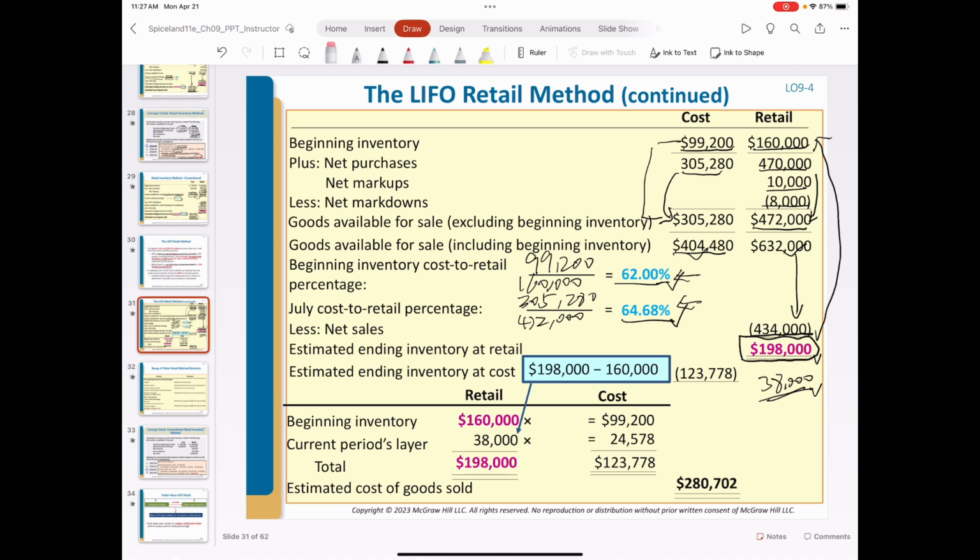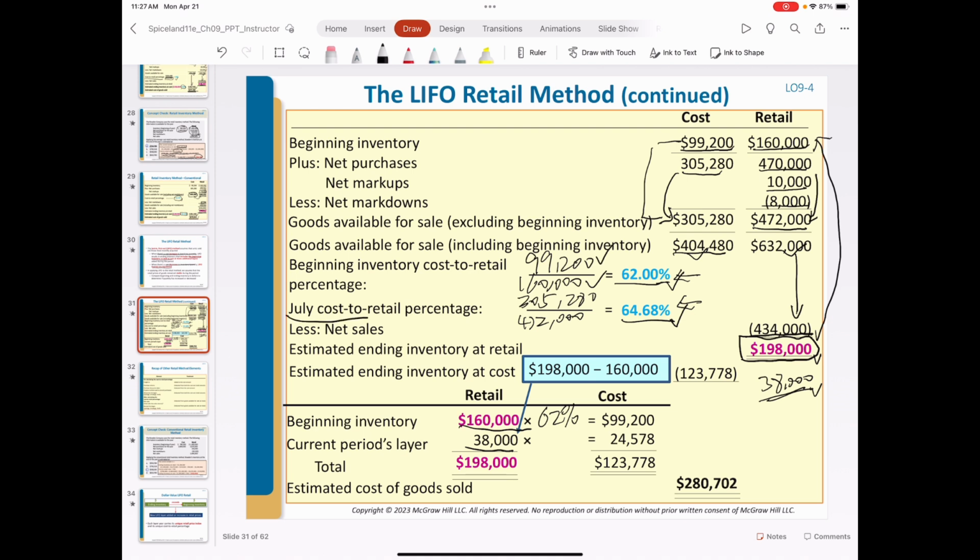First, 160 is the beginning balance of inventory, so we apply 62%. Because remember, this ratio is determined by the cost of beginning inventory and retail value of beginning inventory. 38,000 was from the purchase.